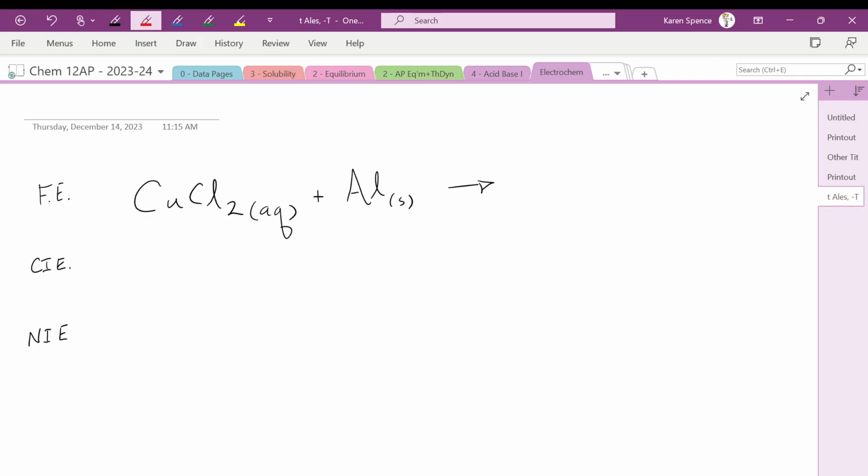What type of reaction is this? It's a single replacement, so go ahead and single replace. Yes, please balance.